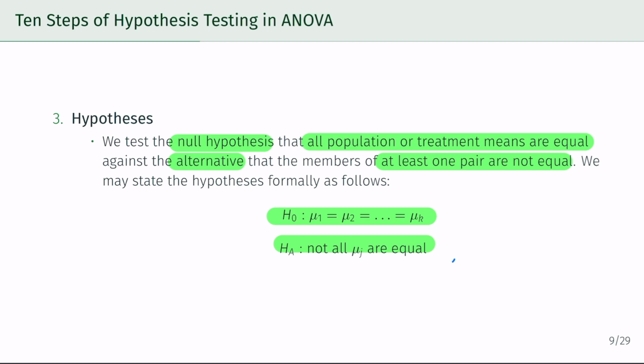It means that at least one mean is significantly different, right? This is what the alternative hypothesis says.